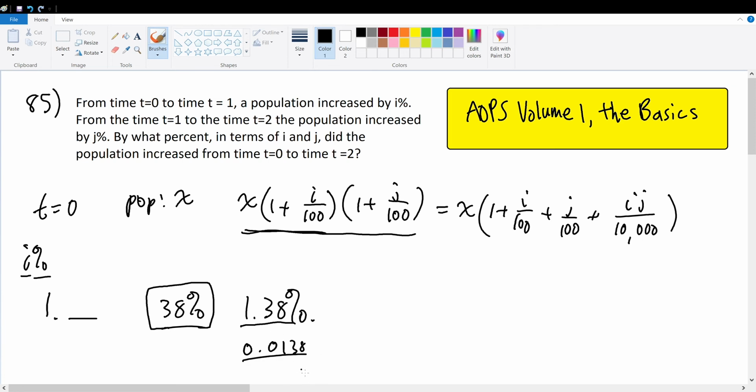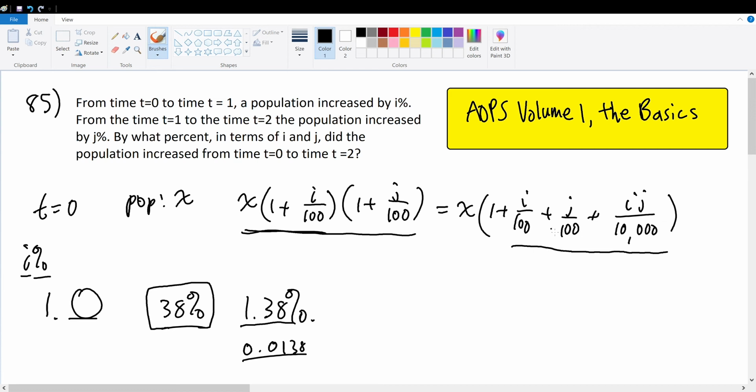So with this same understanding, 1 point some decimal gives the percentage of increase based on what that decimal is. I over 100 plus J over 100 plus IJ over 10,000 will be our percentage of increase. So we just need to solve for this sum and that will be our answer.